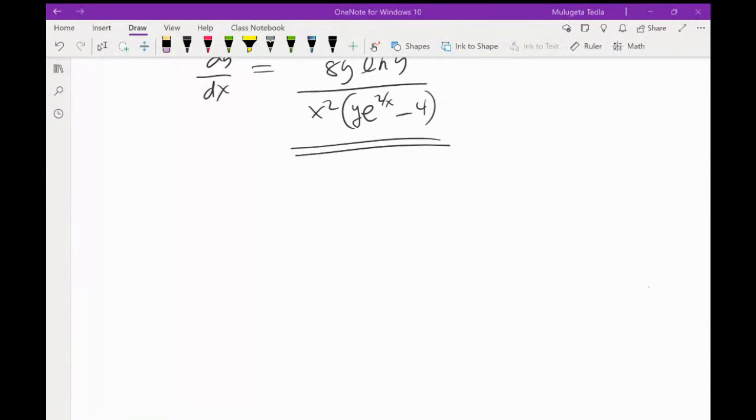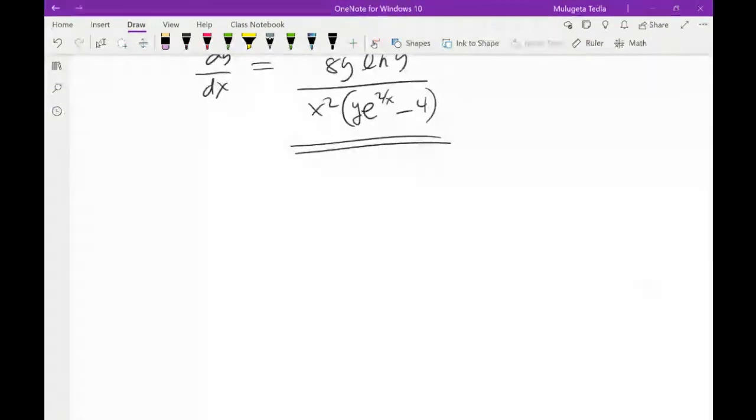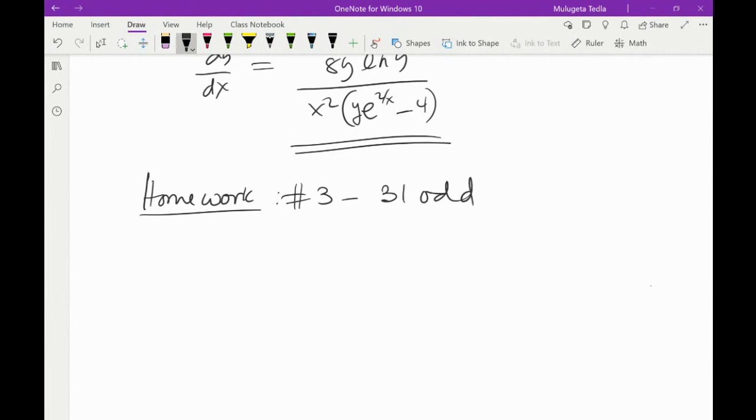Okay, so I'm done with this section. If you have no questions, I will assign homework on this section. I did from question number 3. Could you do number 3 up to say 31 odd? They are good exercises.